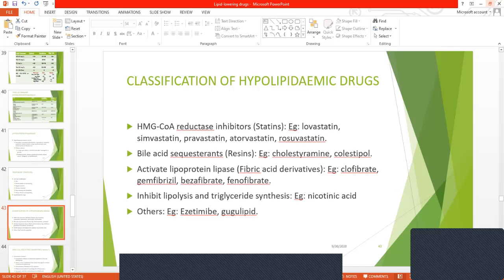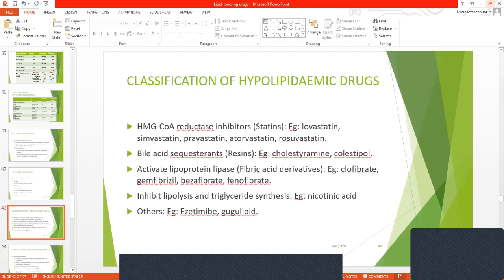So now we come to the hypolipidemic drugs that are used in hyperlipidemia. The decision to use drug therapy for hyperlipidemia is based on the specific metabolic defect and its potential for causing atherosclerosis or pancreatitis. The suggested drug classes are HMG-CoA reductase inhibitors, for example, lovastatin, simvastatin, pravastatin, atorvastatin, rosuvastatin.